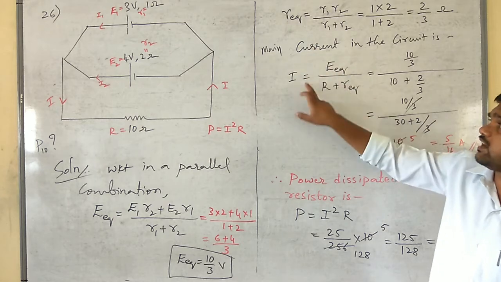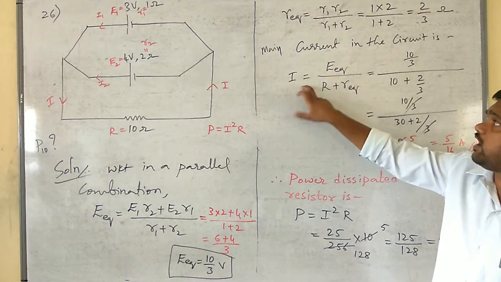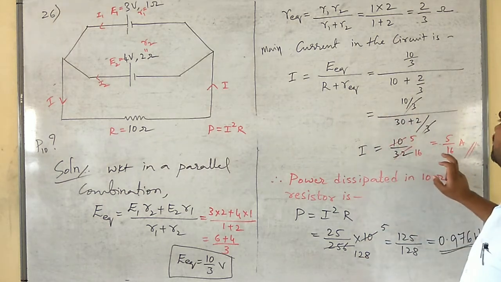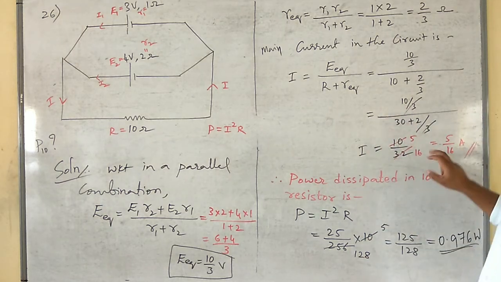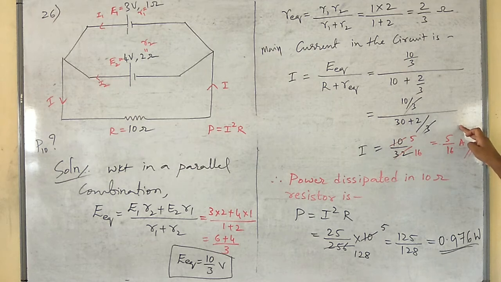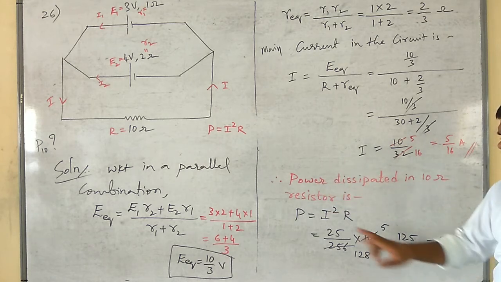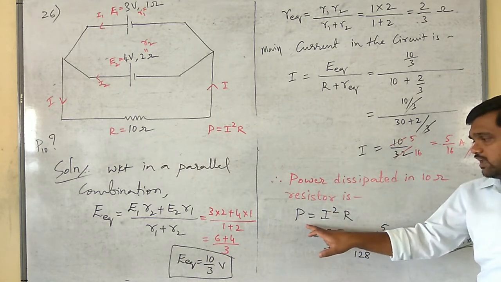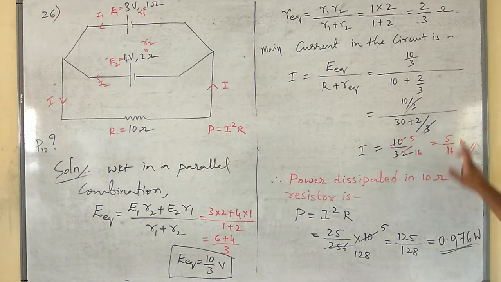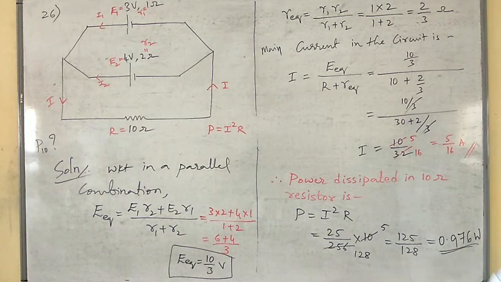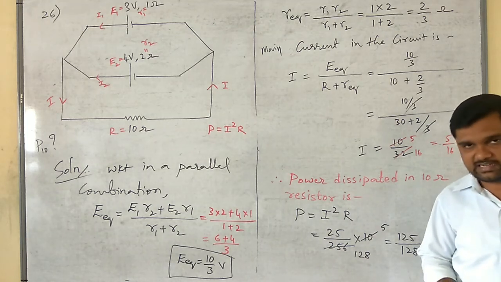Next, to find the main current, we should use this formula, I is equal to E equivalent divided by R plus r equivalent. I have solved it, and finally I have got 5 divided by 16 ampere. Next, power dissipated in the 10 ohm resistor: for power we have this formula I square R. So if you do I square for this, 25 divided by 256 will come. On multiplication with the 10, you get 0.976 watt.